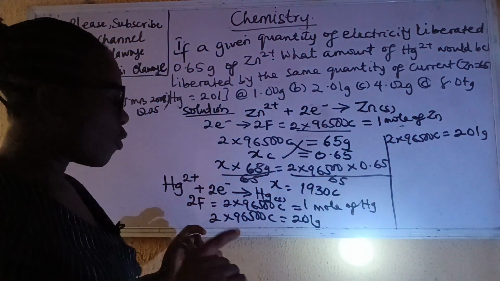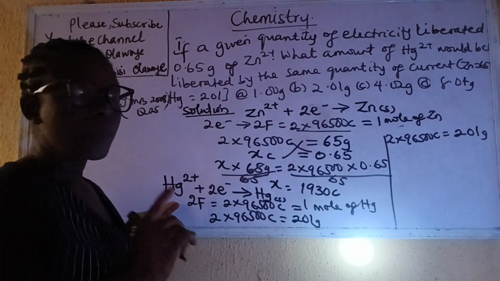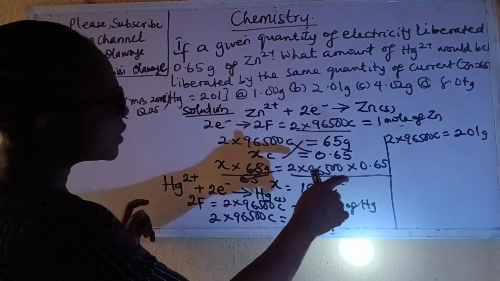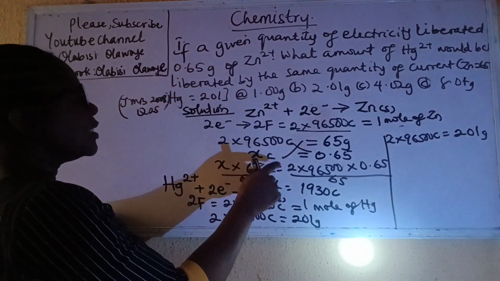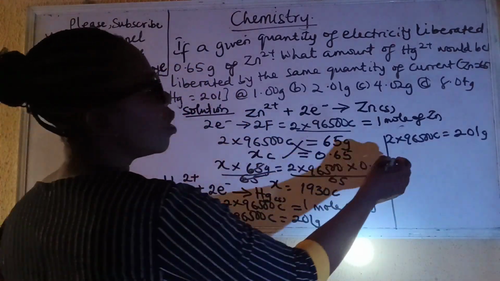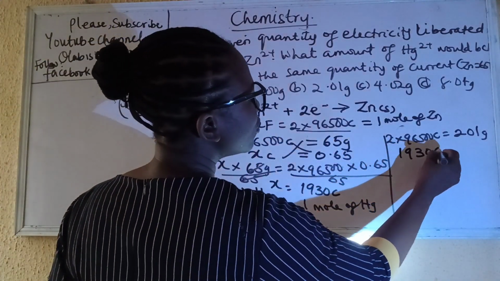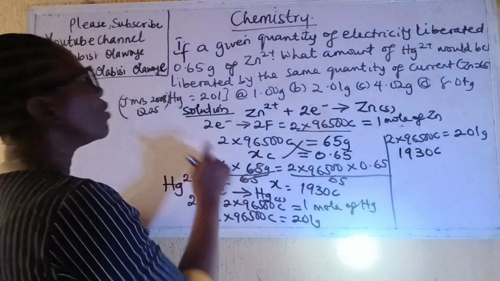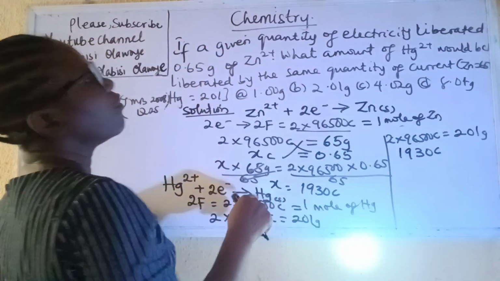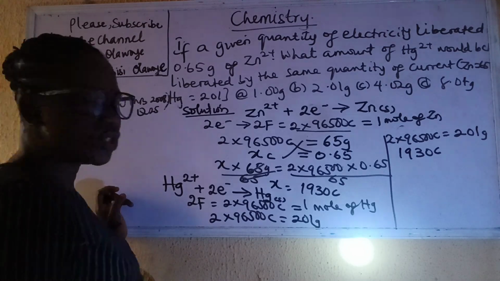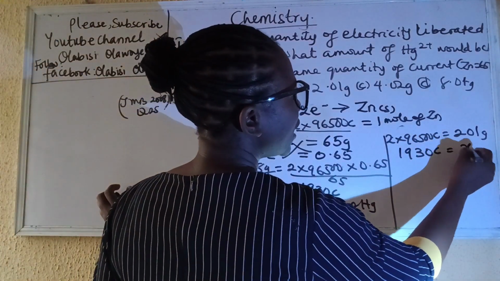Now, this is from the half reaction. What mass will be produced by the 1,930 coulombs that did the same to zinc? So 1,930 coulombs was required to liberate 0.65 gram of zinc. If it is now used for mercury, what mass will be discharged? That is the question. That is X gram.